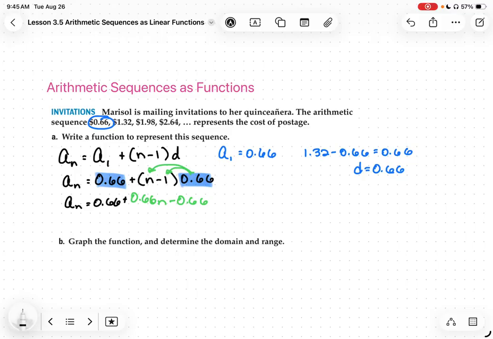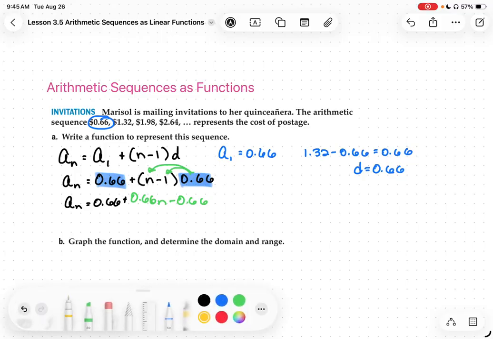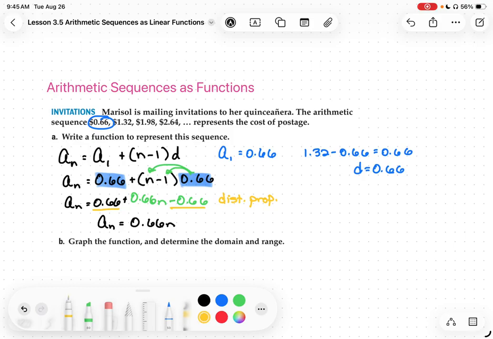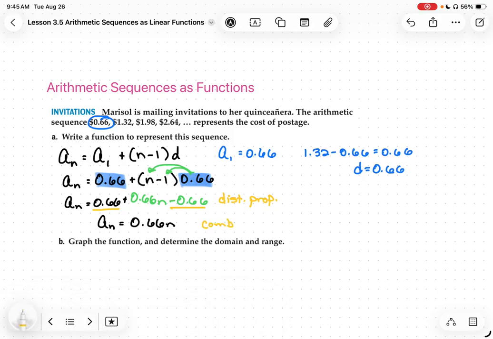So this was our distributive property. And whenever we combine like terms, we're going to have a positive 0.66 and a negative 0.66 that are going to cancel, which means our function, our equation, is going to be 0.66n after we combine like terms. So what this is saying is every stamp that she buys costs 66 cents.